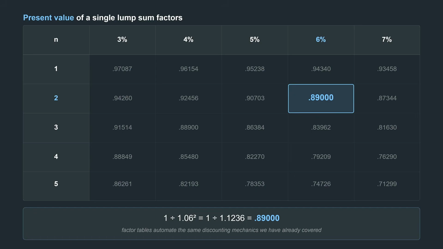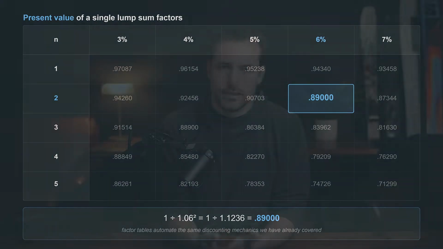Since 1.06 squared equals 1.1236, taking 1 divided by 1.1236 gives us 0.89. So this highlights that factor tables, Excel formulas, and financial calculators are not doing anything mysterious. They're simply automating the compounding and discounting mechanics we've already worked through manually.